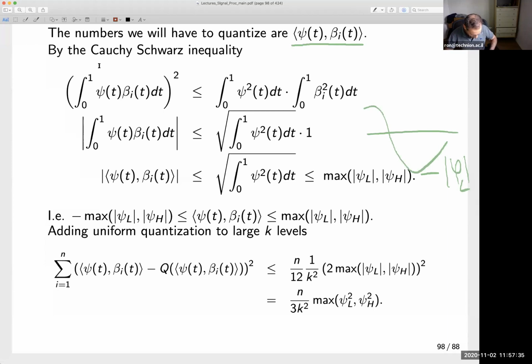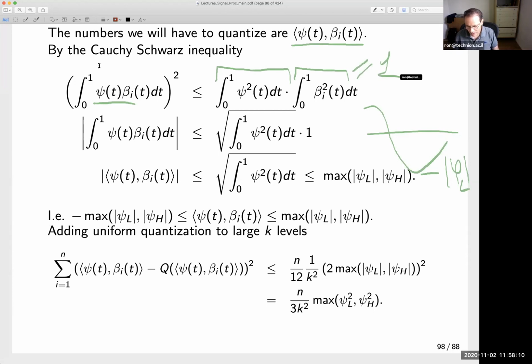Let me go backwards a little bit. So if we use the Cauchy-Schwarz inequality, what we have here is that projecting psi onto the betas is equal to the energy of psi, I mean, integrating over the square of psi, and integrating over the square of each beta i, and we know already that this one is equal to 1.